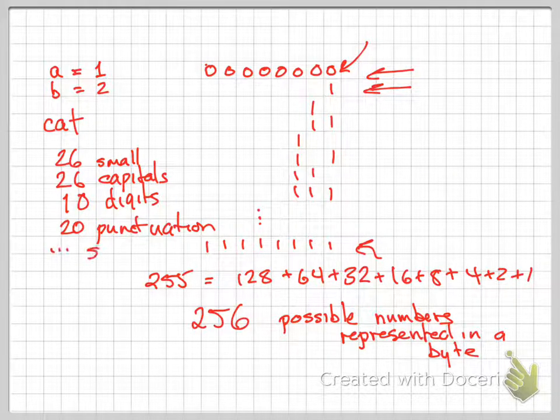So approximately, if we want to represent a keyboard, we have, let's see, 52, 62, 72, 82, maybe somewhere around 100 and something characters. Well, what we do is we actually leave room for 256 possible characters.